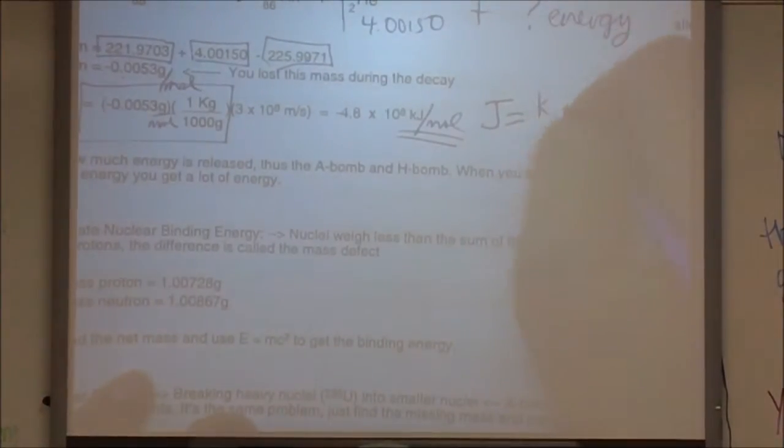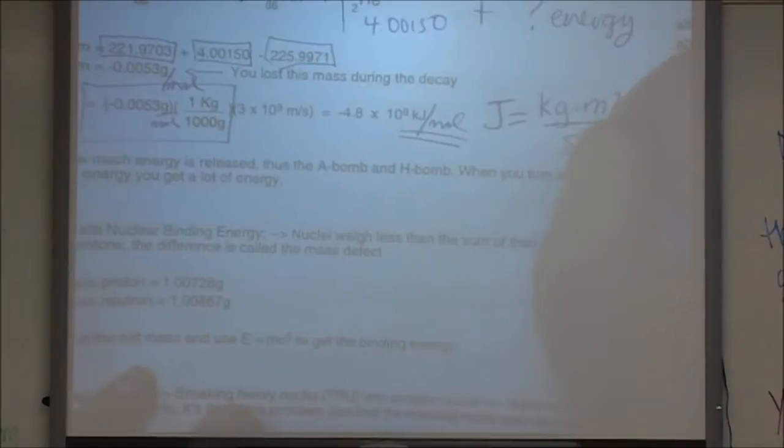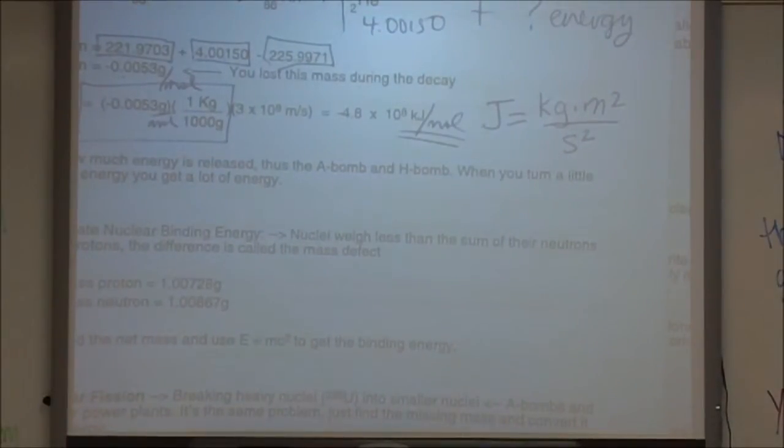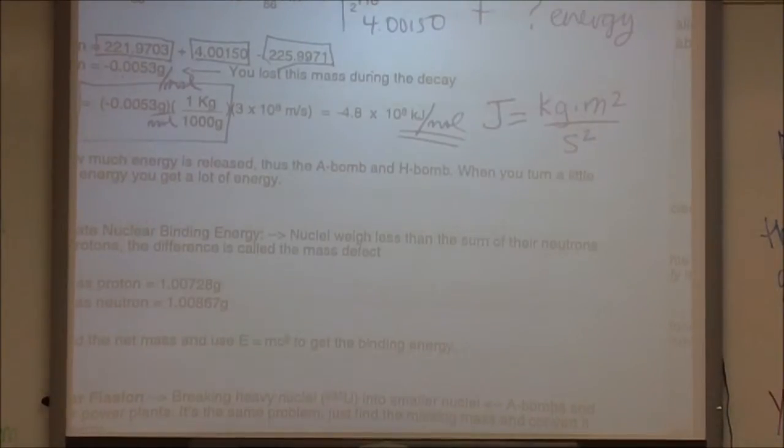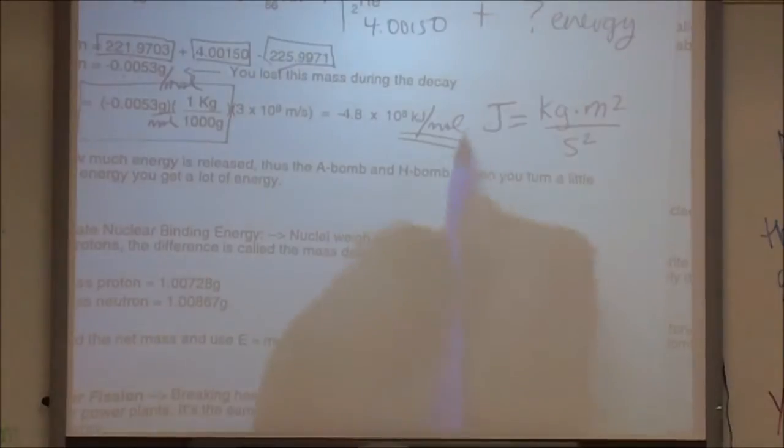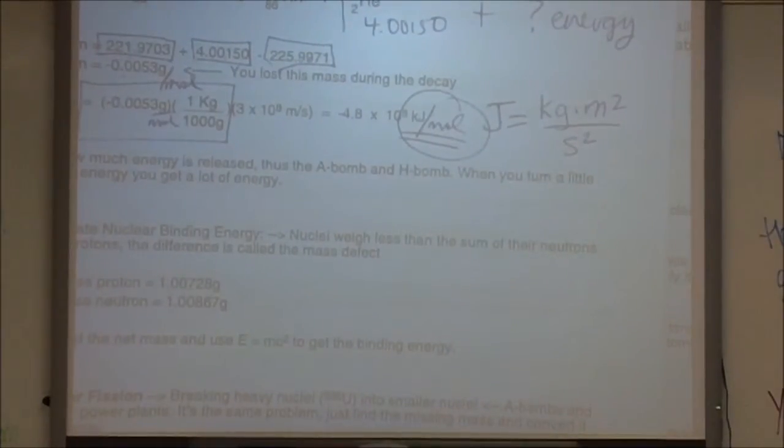Kilogram times meter squared per second squared. There we go. That is a joule. So we cannot put in our mass defect as grams. We have to put it in as kilograms, or kilograms per mole, whichever. But if we put in kilograms per mole, our final answer will be in a unit of energy per mole. So that's a big thing to watch out for.